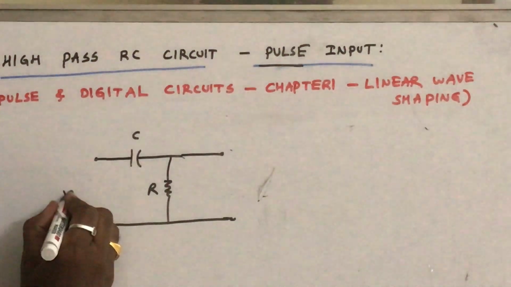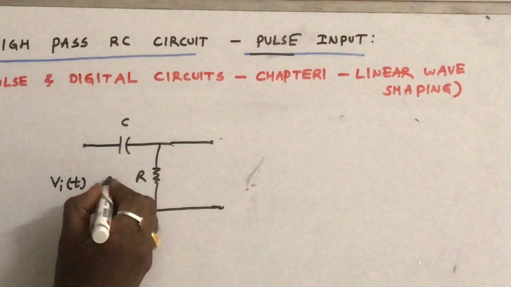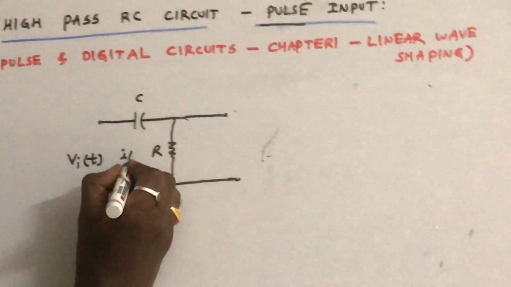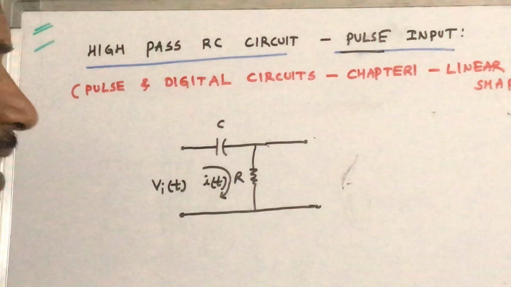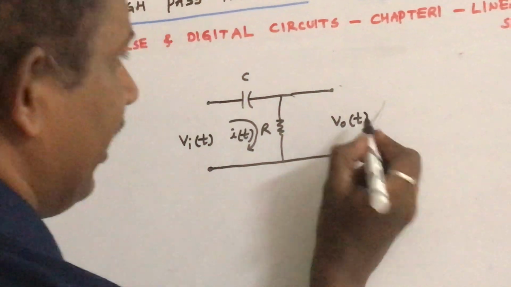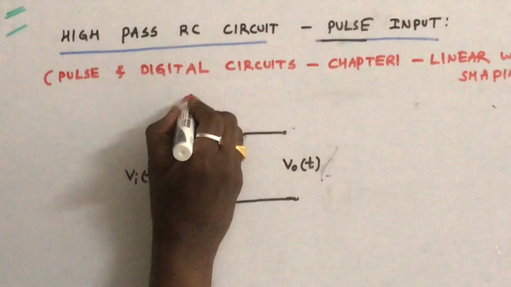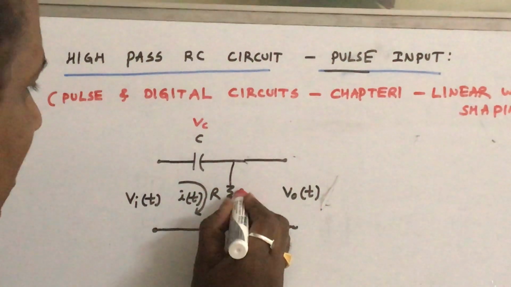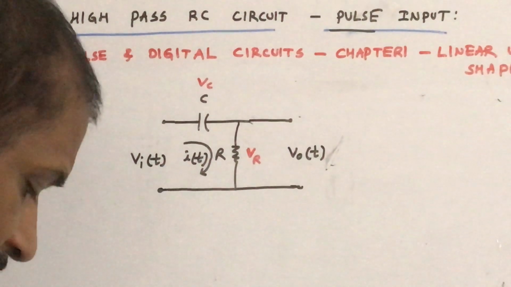Let us say the input voltage to the circuit is Vi of t. Because of this, there will be a current flowing through this loop, which is represented as I of t. The output voltage is taken as V0 of t. Let us say the voltage across the capacitor is Vc, and the voltage across the resistor is Vr, which is nothing but V0 of t.